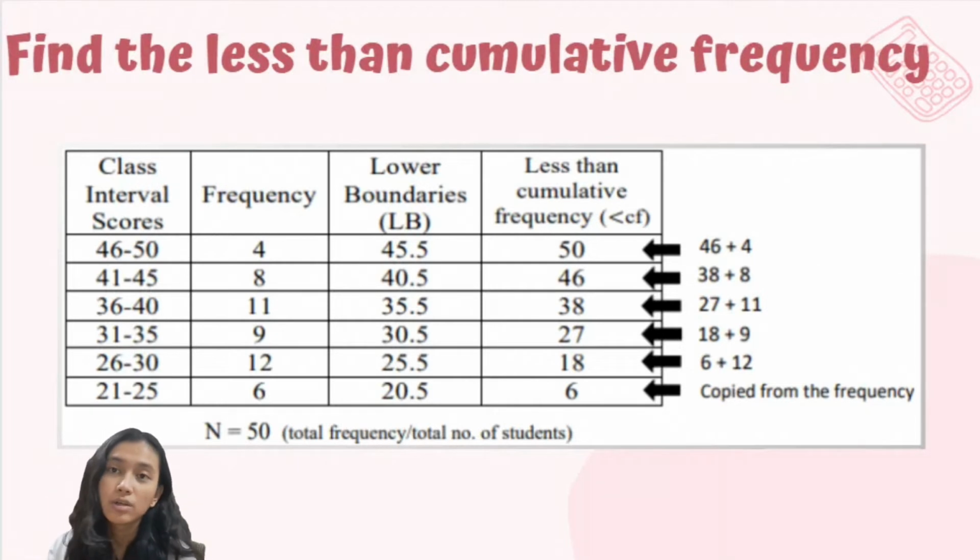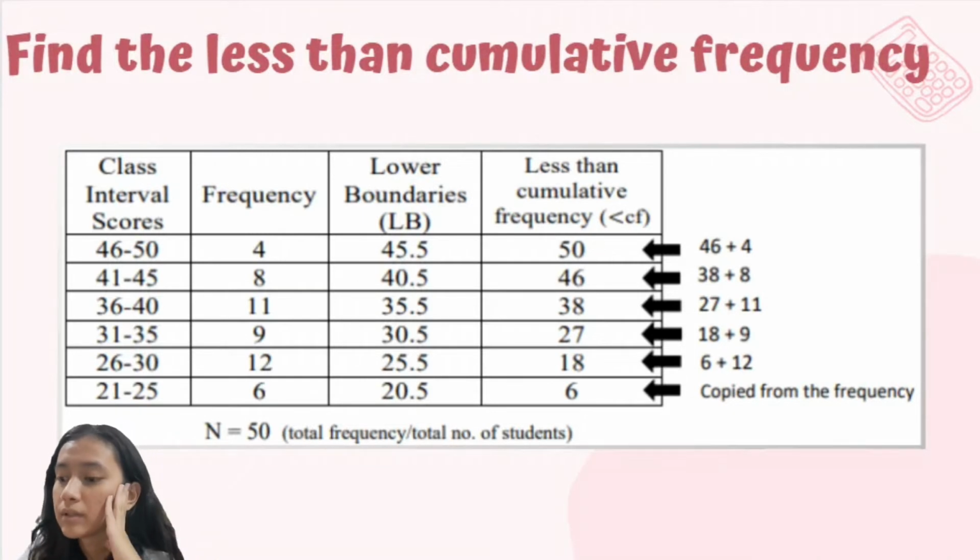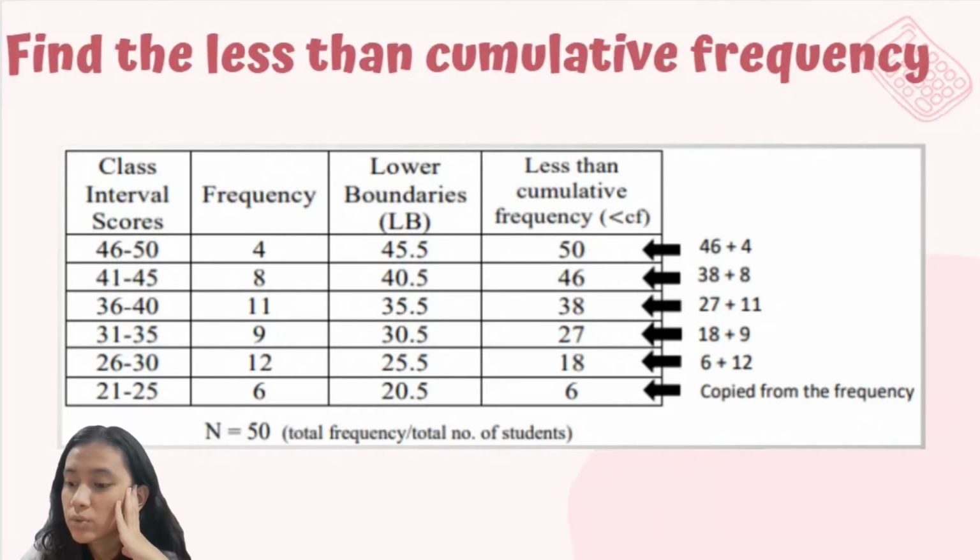Kunyari, number 6 yung pinakababa ng frequency, igagaya mo siya dun sa less than cumulative frequency. Tapos ang gagawin mo, 6 plus 12, 18. 18 plus 9, 27. 27 plus 11, 38. 38 plus 8, 46. 46 plus 4 equals 50. So, tama na yan kapag yung lumabas is total frequency or total number of students.